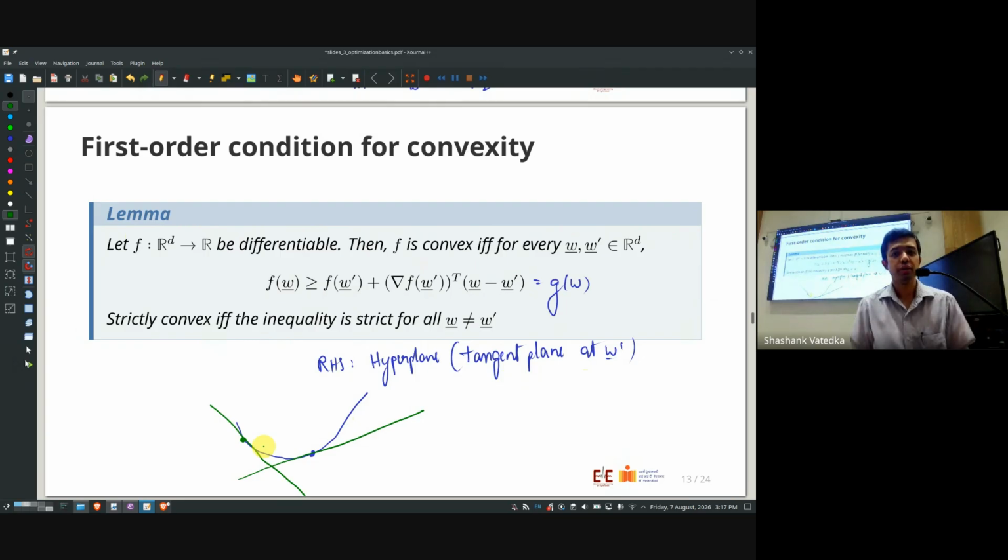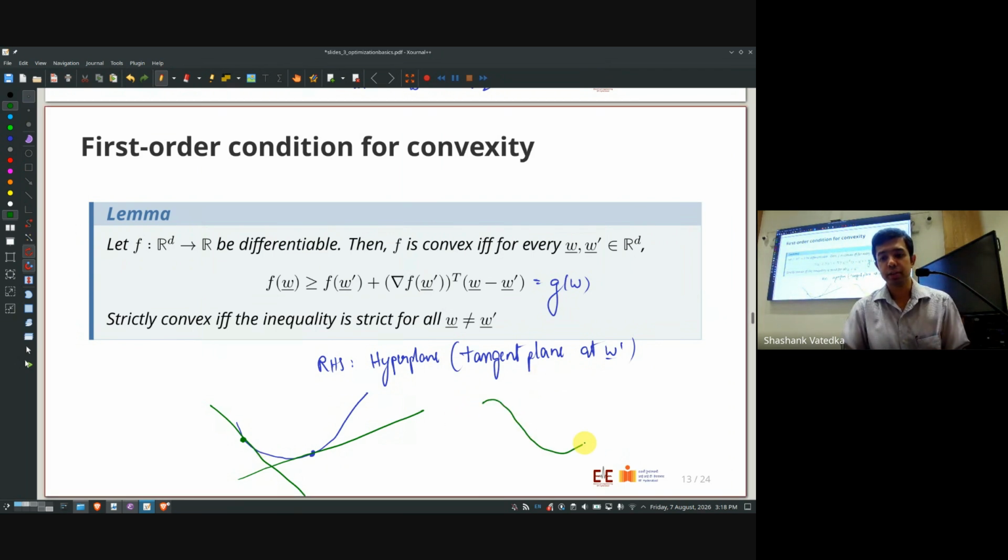So if you take, say, a plane below the bowl, if you take it to touch the bowl at any point, that plane is always going to be below the bowl itself. And you take any 2 points on the bowl and you join these 2 points, it's going to lie above the bowl. Right? So these are two different geometric views of any convex function.